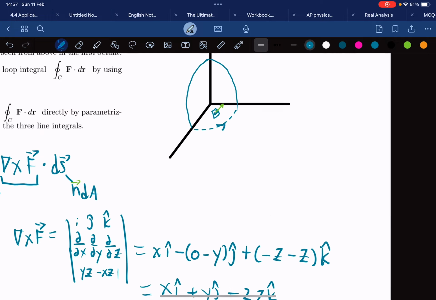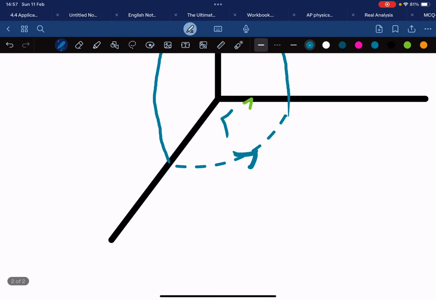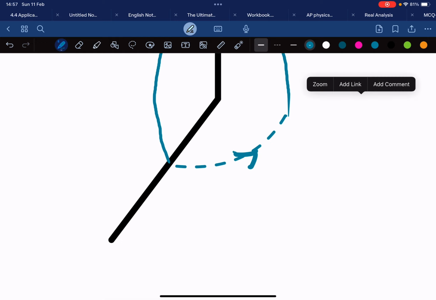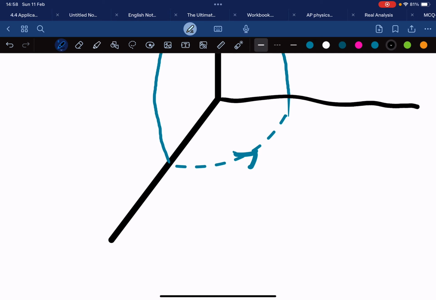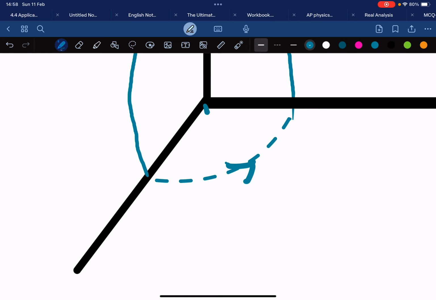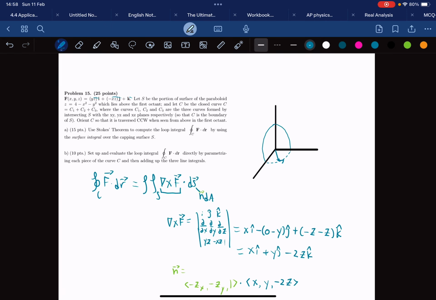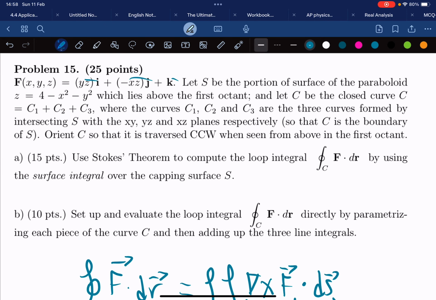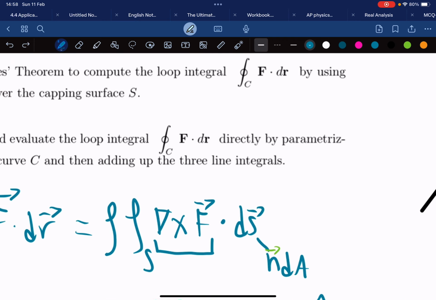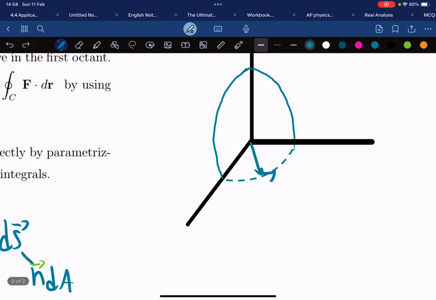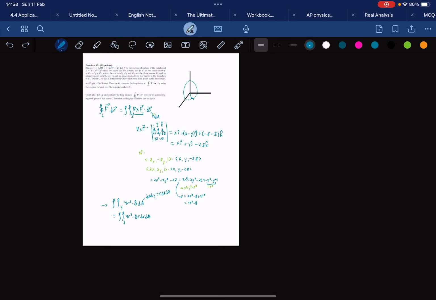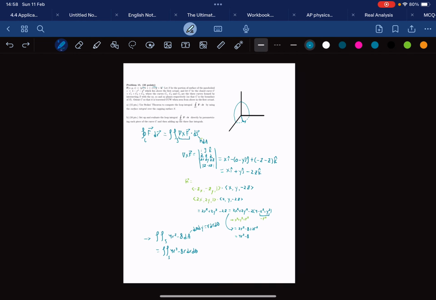And now we want to find our bounds. We can see that r goes from 0 to 2, and because it's cut off in the first octant, theta is going to range from 0 to pi over 2.